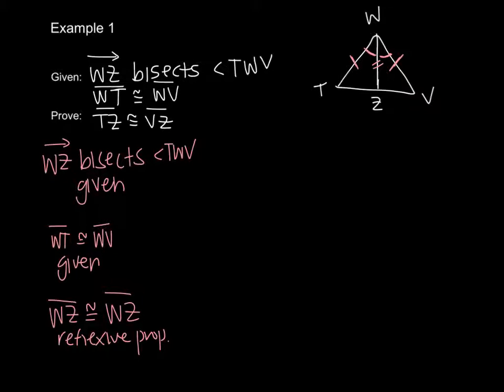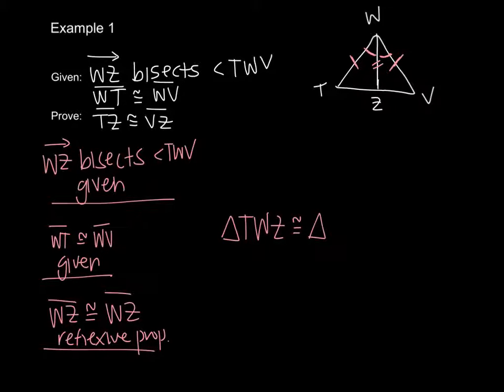Okay? So now that I know that, okay, I know something about this step, and this step. Well, if we look over here at our triangle, I see that I have side, angle, side, side, angle, side. So by using these three pieces of information, I can conclude that triangle TWZ is congruent.